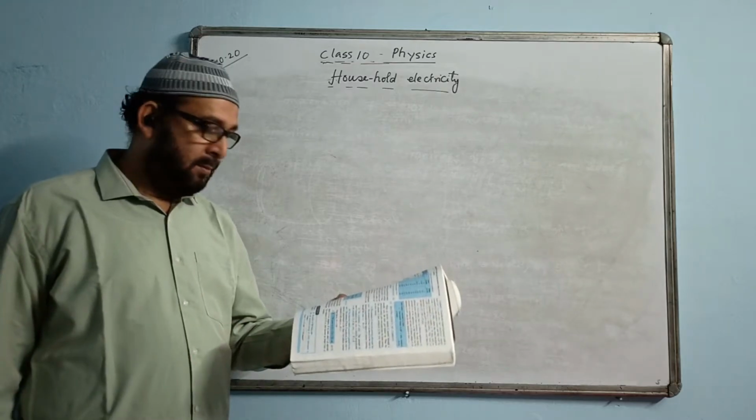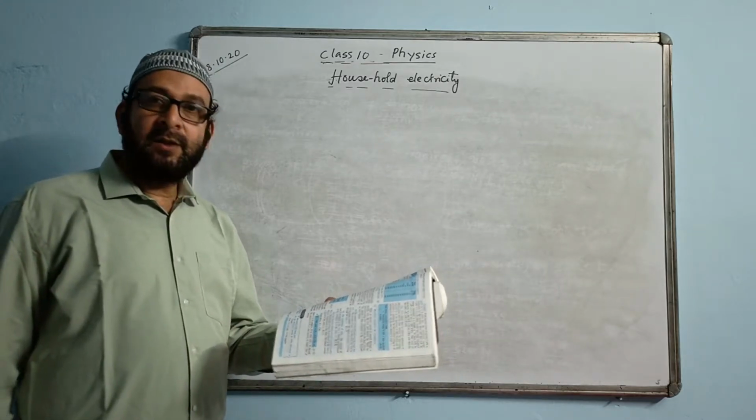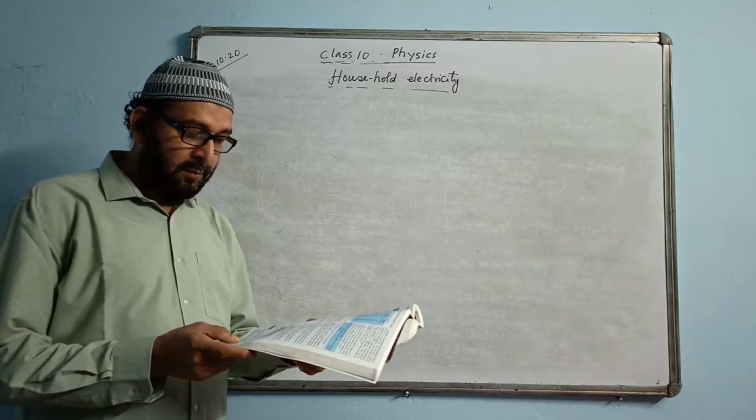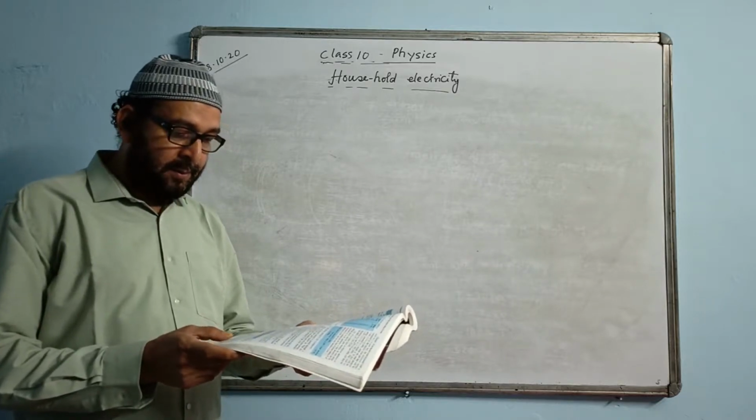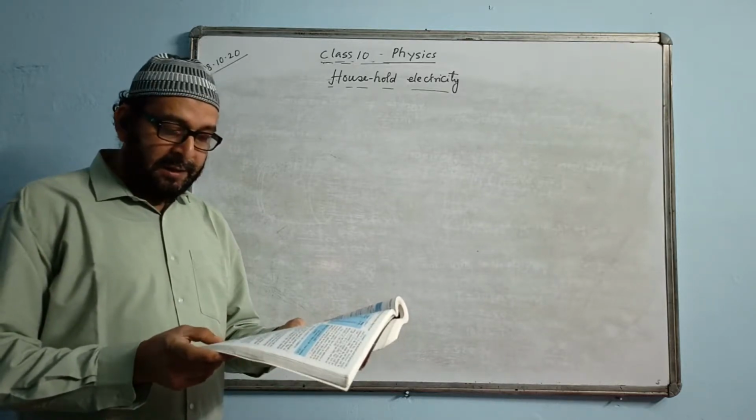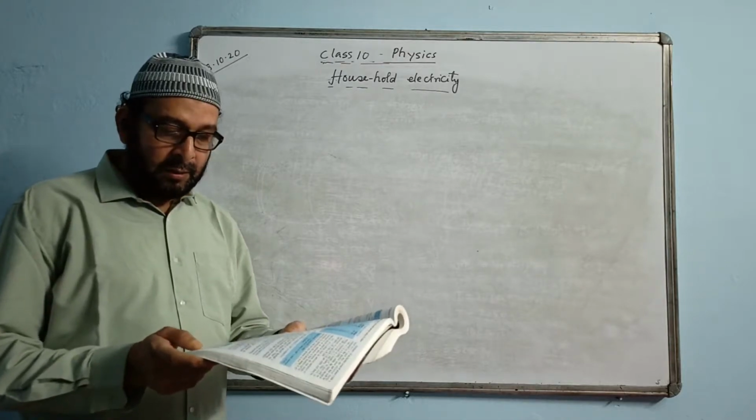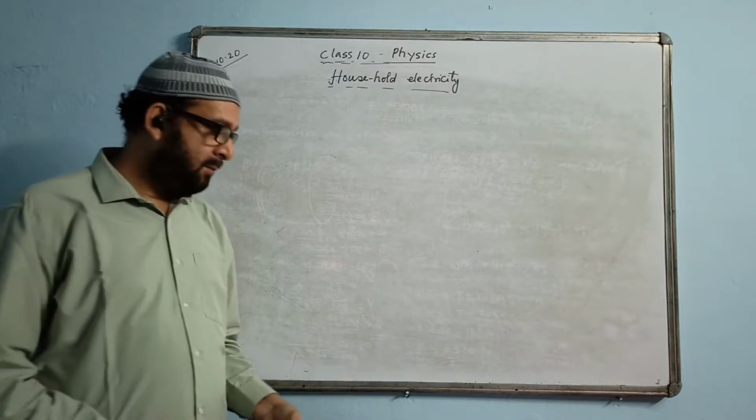Calculate: number 1, the resistance of the filament. Number 2, the power of the lamp. And number 3, the electrical energy in kilowatt hour consumed in 5 hours.